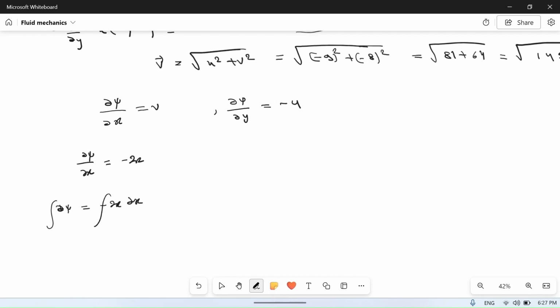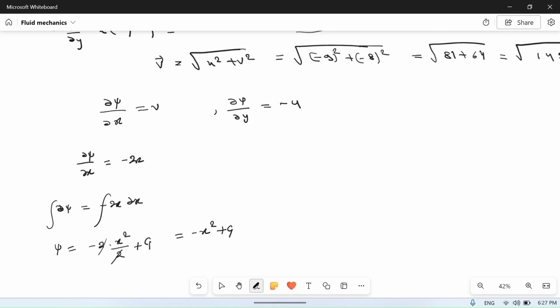If we integrate both sides, we get psi equal to minus 2 into x square by 2 plus c1. The 2 will cancel, so it becomes minus x square plus c1.